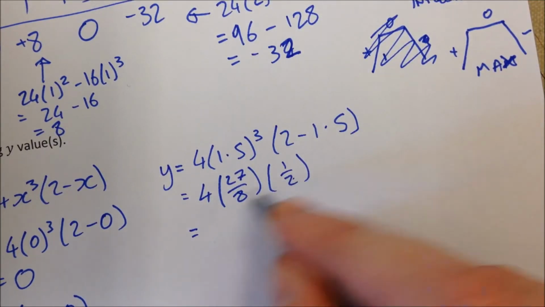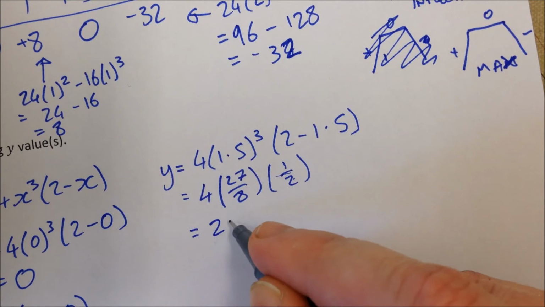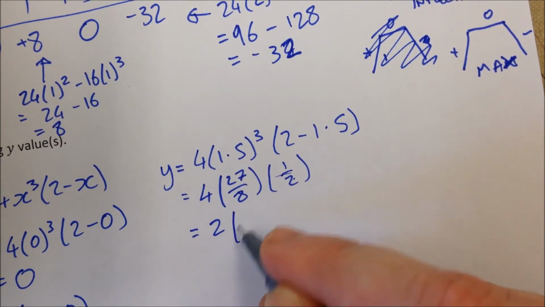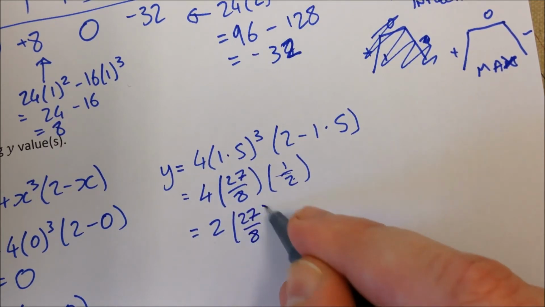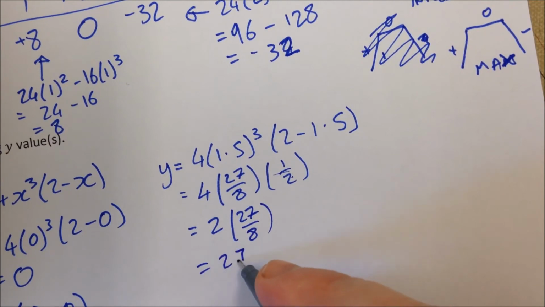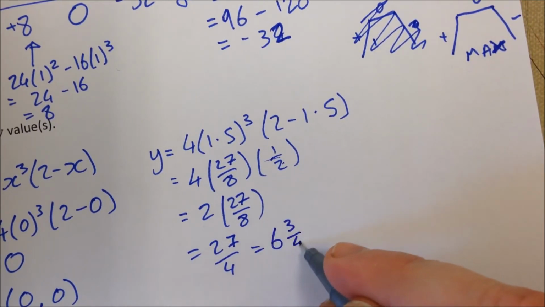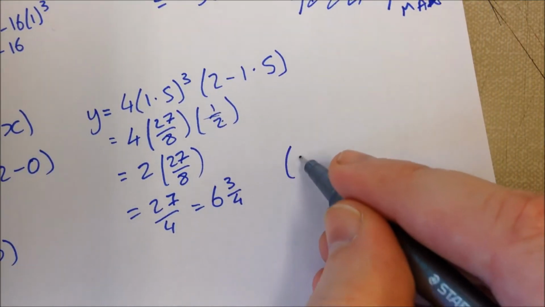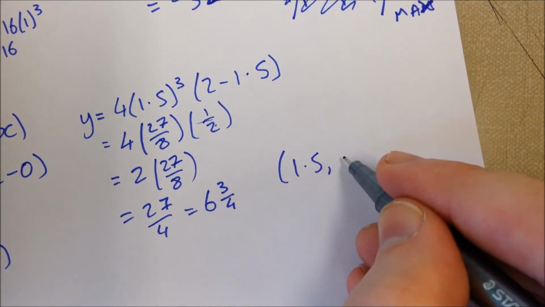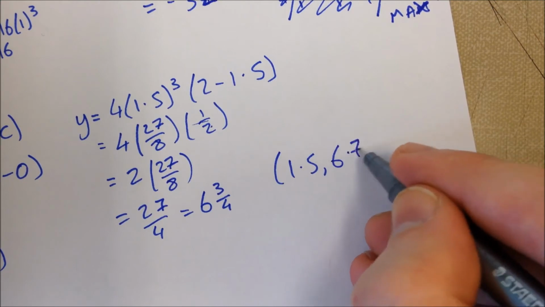So that is going to be 4 times half, that's 2 lots of 27 eighths, or 27 quarters, which is 6 3/4. So your other value is 1.5, 6.75.